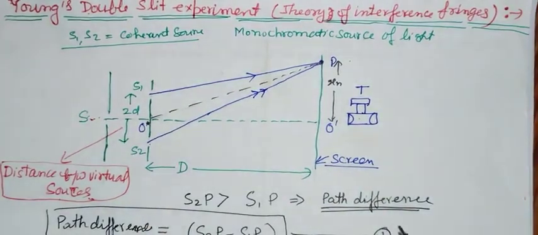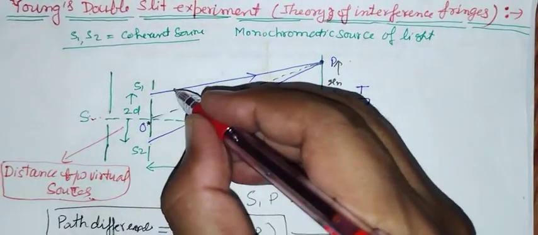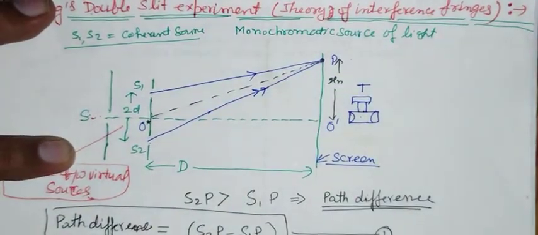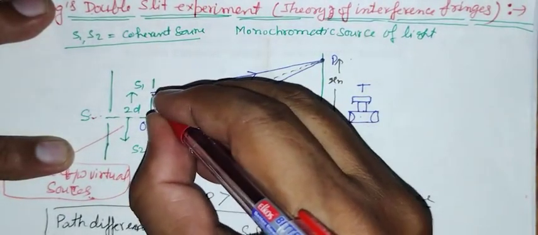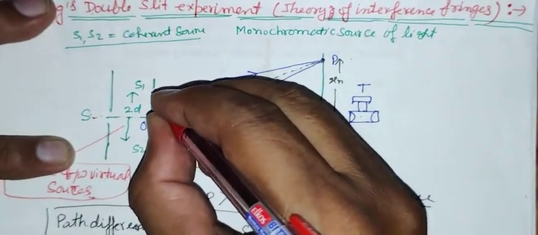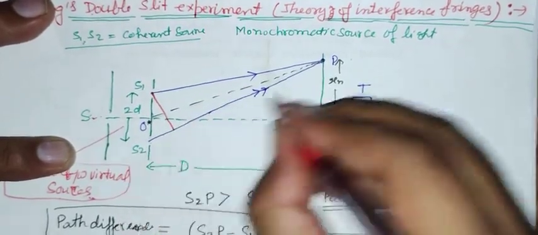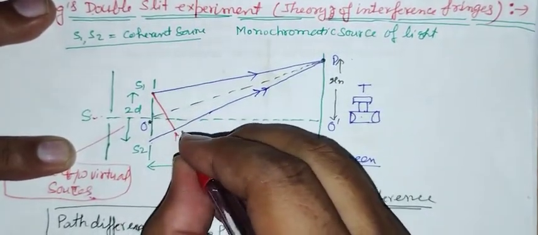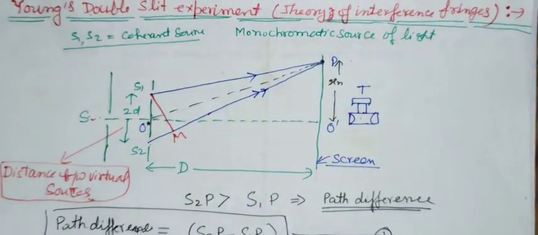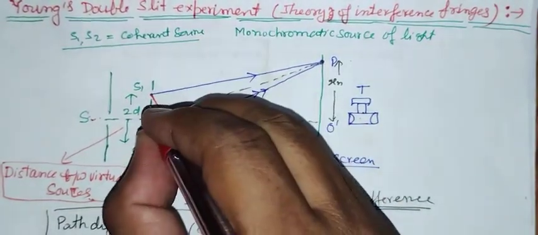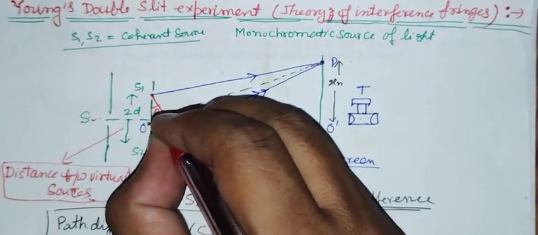Here, see very carefully. Let us make a wave front here, as required. From S1 we draw a perpendicular on S2P. Let this point be M. It is perpendicular, 90 degrees, and in such a way it makes angle theta with it.